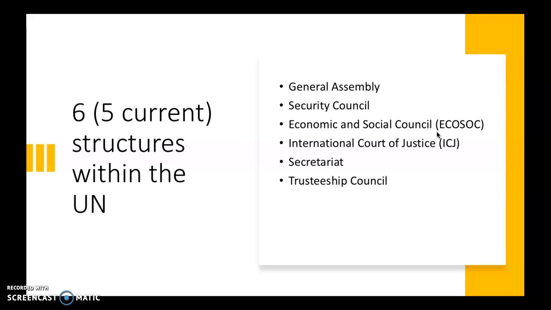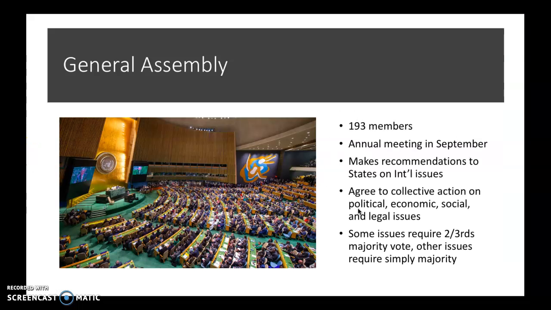And then after that, the ICJ, the International Court of Justice, the Secretariat, and then finally the Trusteeship Council. You'll notice that there are 6 organs within the United Nations structure. However, there are only 5 active ones, and that's because the Trusteeship Council was dissolved in 1994. So let's get started.